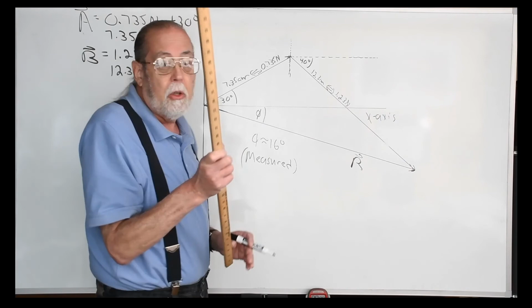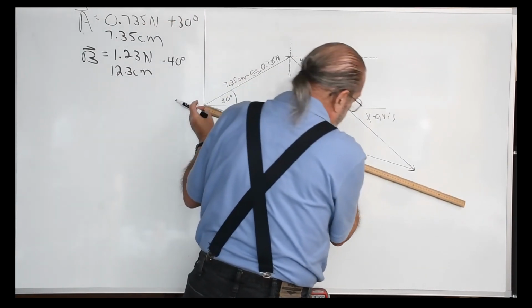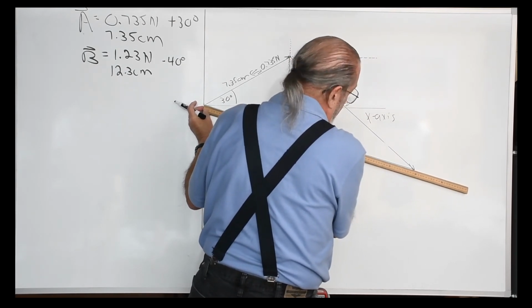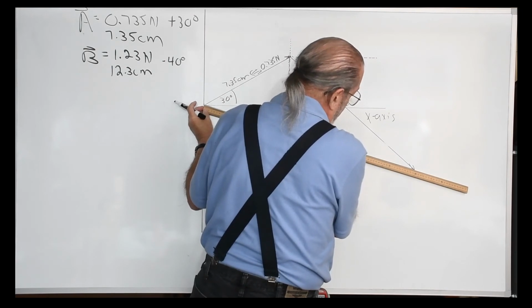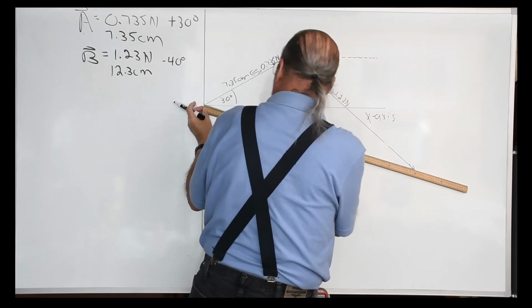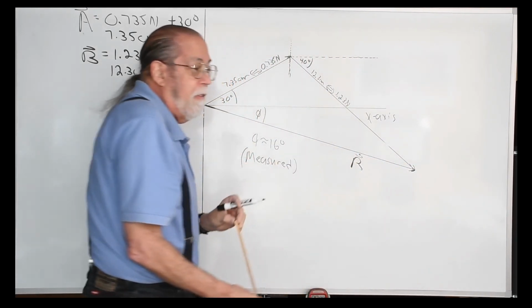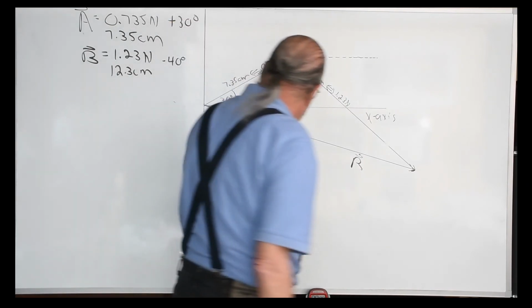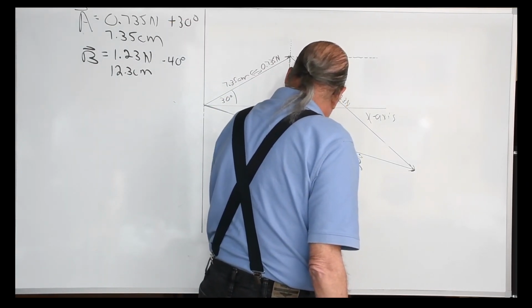Next, we want to figure out the magnitude of the result. Now remember, I drew these about 5 times bigger than they're supposed to be, and this is measuring about 79 or about 80. It's almost 80, and a fifth of 80 is about 16 centimeters long, and that is measured.